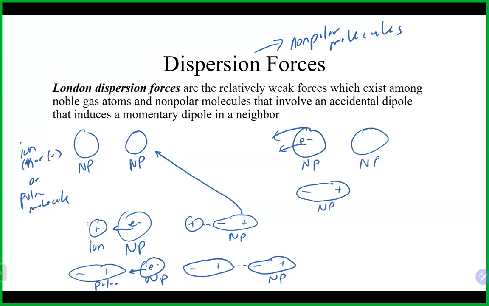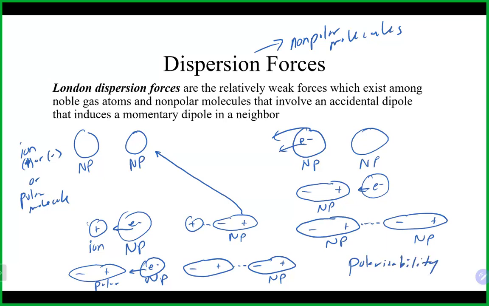And that's going to cause the electrons in this guy to go, cool, I'm attracted. So now we're going to get two of these guys that normally do not have charges that will temporarily have a charge, and they're able to interact with each other. This is what is known as polarizability.